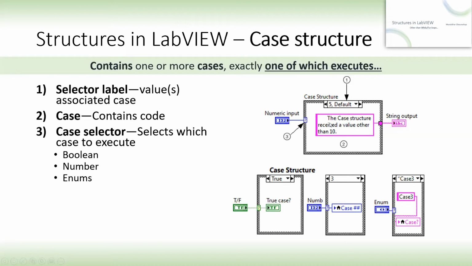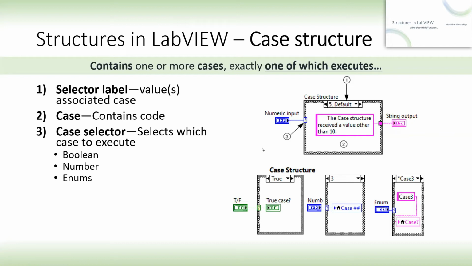If you have cases like 1, 2, 3, 4, 5, then you will have different blocks of code. When you click here and select one, you will go to that particular block of code. So we use this to select a particular case and execute that particular case.